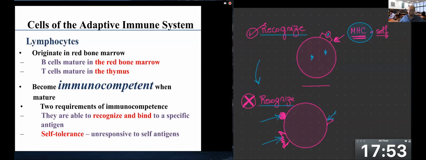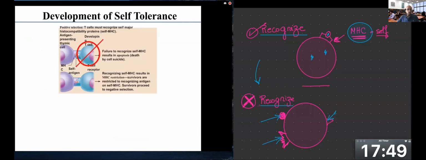All right, so what do we call the first selection process? We call it the positive selection. What I mean here is I need something to be done. I need to be positive. I need to do something. What am I trying to do here? I'm trying to recognize MHC.